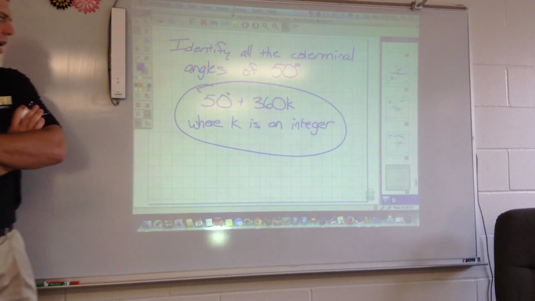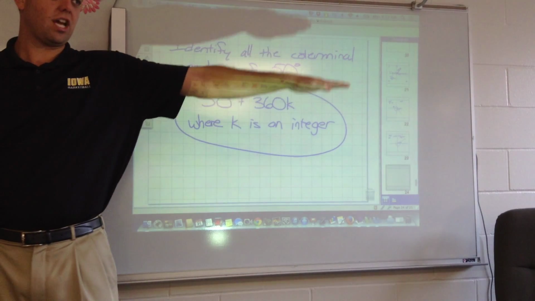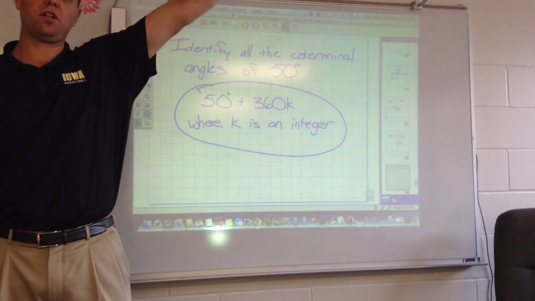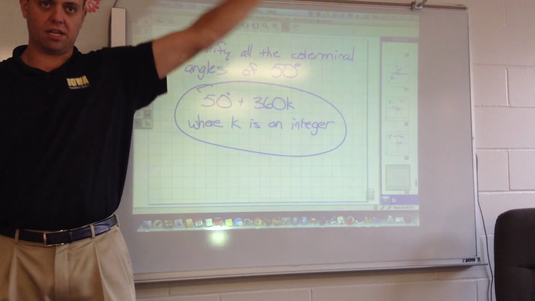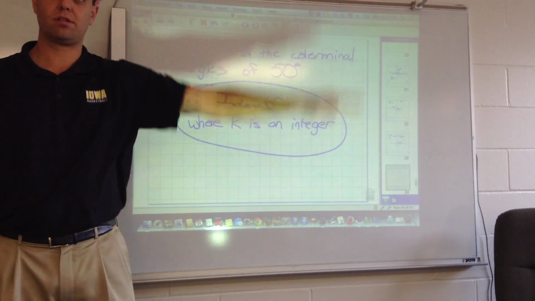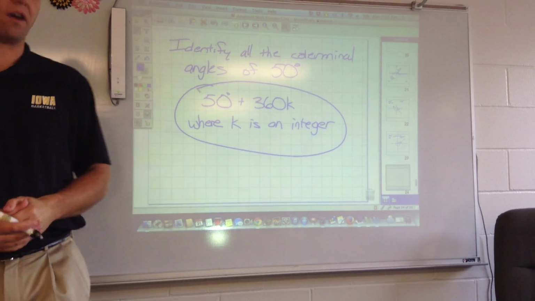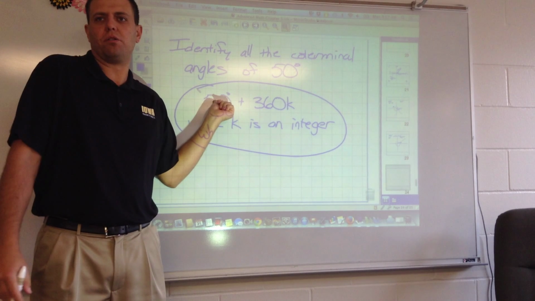And what that is saying is if you want to identify all angles that are the same as 50 degrees, start with a 50 degree angle and just add 360. Add 360 again. Add 360 again. Or subtract 360 and go backwards. We can have negative angles too. We haven't really talked about that yet. But by adding 360 degrees to 50, what are you doing essentially?